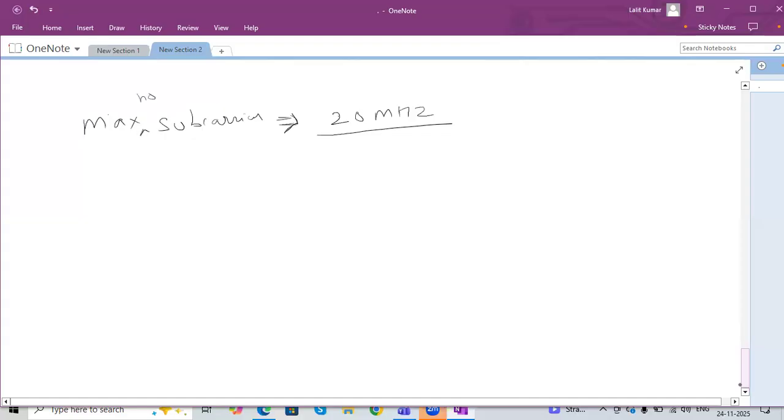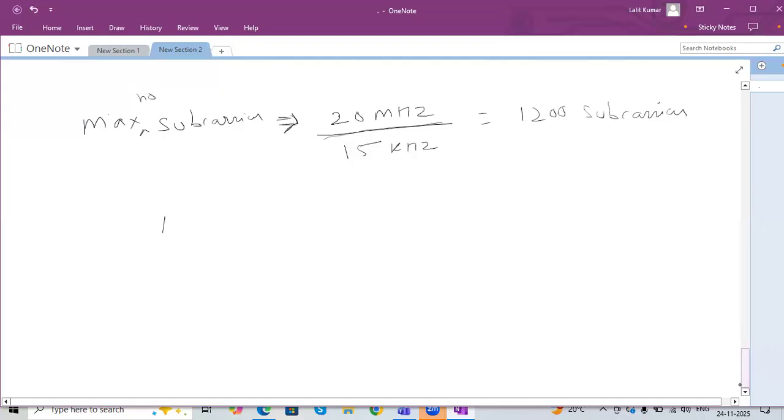How will you calculate? Maximum bandwidth divided by one subcarrier's spacing. Once you do this, it will come to around 1200 subcarriers. This is important. Many times it will be asked: maximum subcarriers in LTE. So it is 1200 subcarriers.